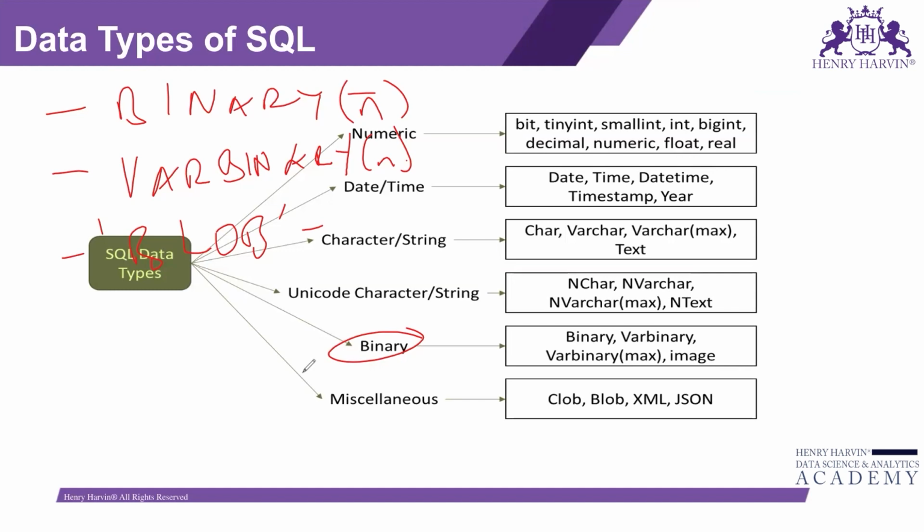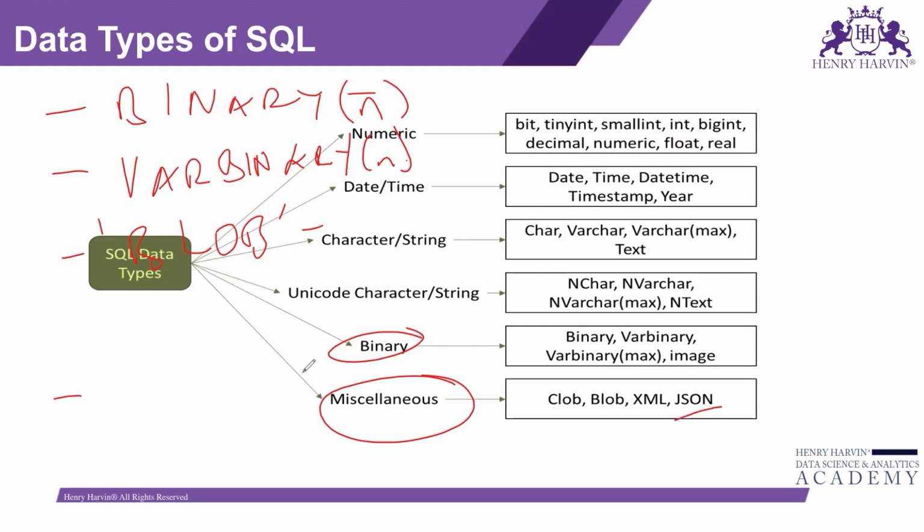After the binary data types, we have other data types. We call them the miscellaneous, the other data types. Here is where we'll have things like the blob, the XML, and JSON.